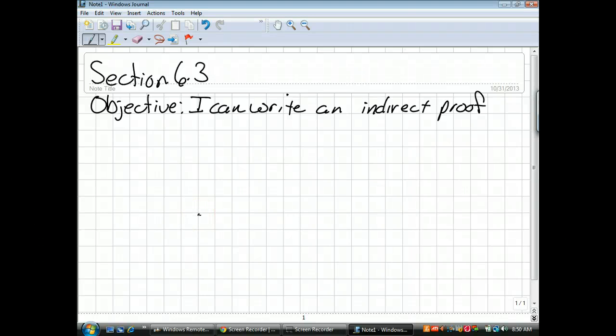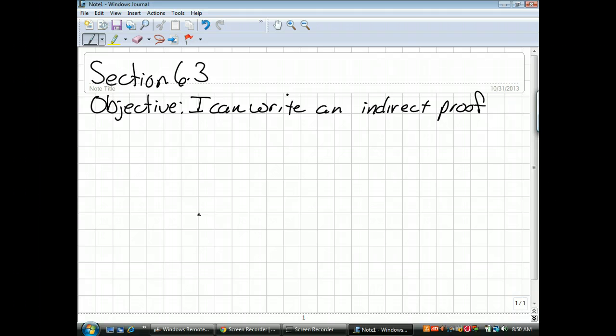Section 6.3. Today we're going to look at writing indirect proofs. So our objective today is I can write an indirect proof. Up until now in class, we have written what are called direct proofs. We have started with the given, then reasoned logically until we arrived at a conclusion that had to be true.